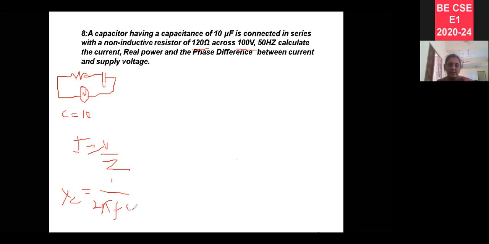Capacitance is 10 into 10 power minus 6. Frequency is given as 50 Hz. So 1 by 2 pi F into C. Now calculate and tell me the XC value fast.